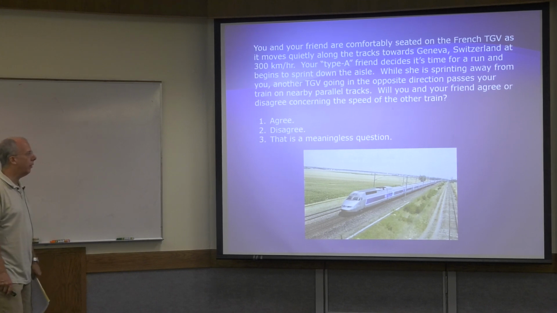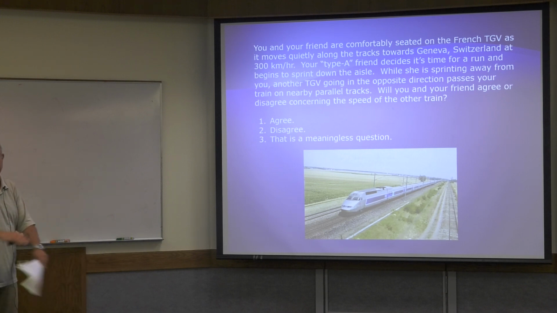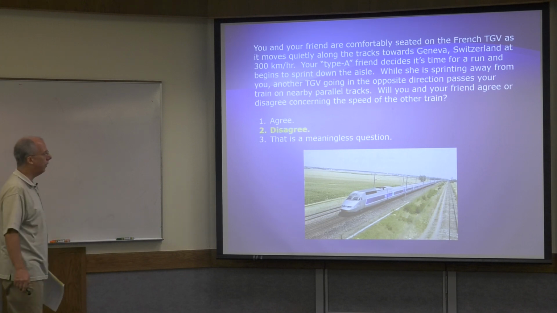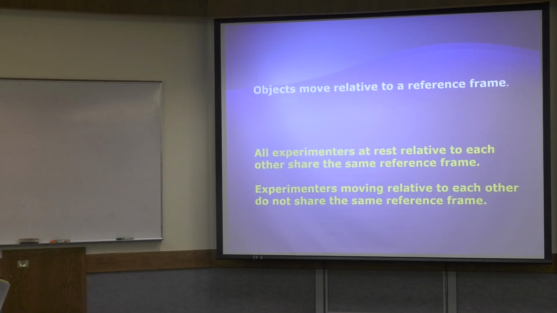Will you and your friend agree or disagree concerning the speed of the other train? You're not allowed to do any calculations, it's just what you notice. Pause and figure it out. Okay, hopefully you said you'll disagree, because now you're in different reference frames, so you're going to get different answers.